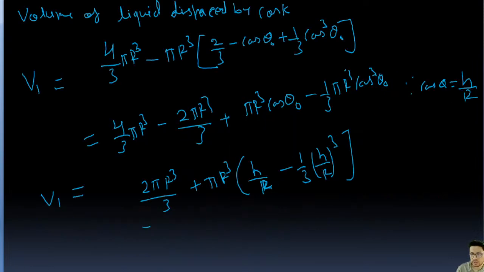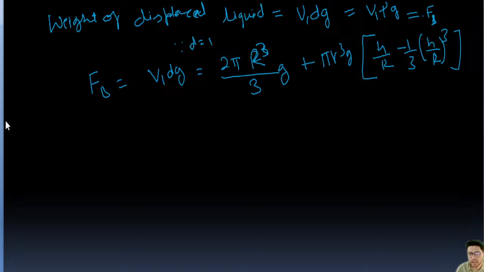The upward force, or we can write it as ΔF, is going to be the buoyant force minus Fw, the force because of the cork.